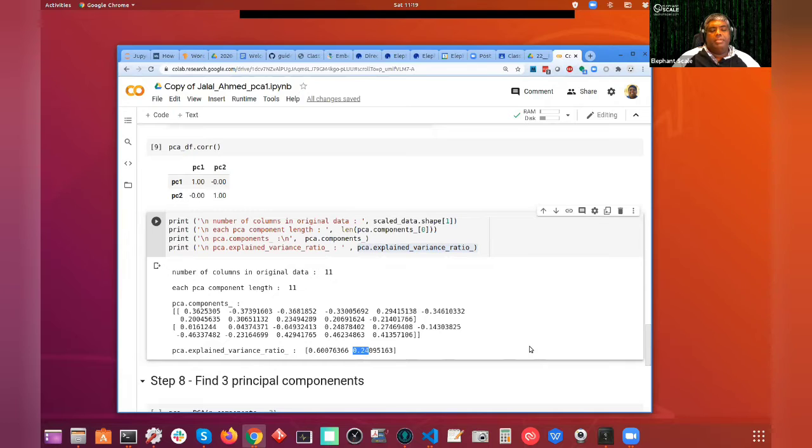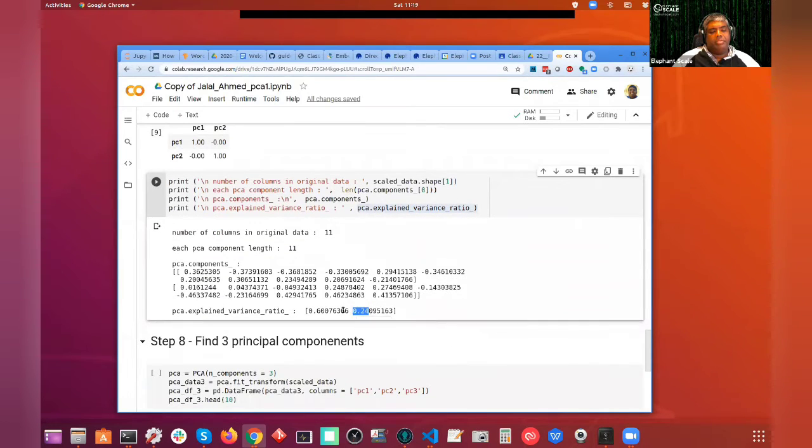But combining these two, 60 and 24, you get 84% coverage. So just by using 2 components, you have about 85% coverage of the original data. That's not bad at all. That's how you have to think about this.